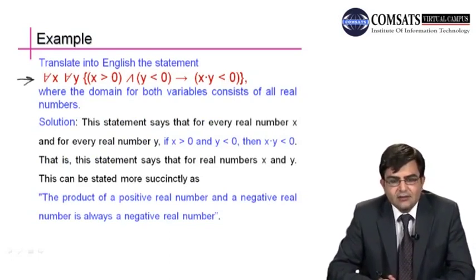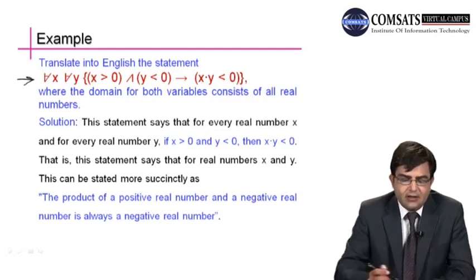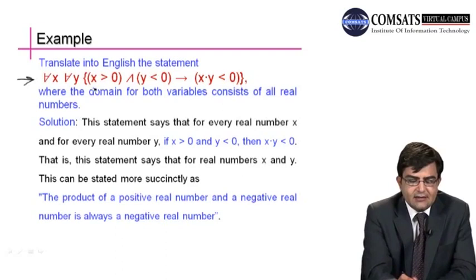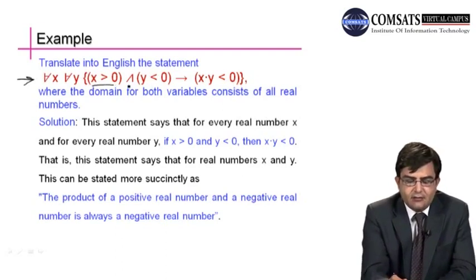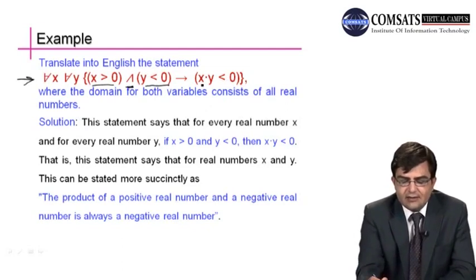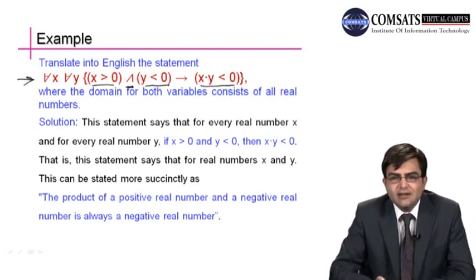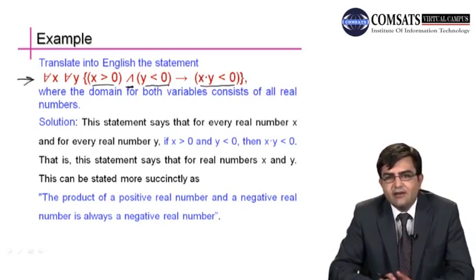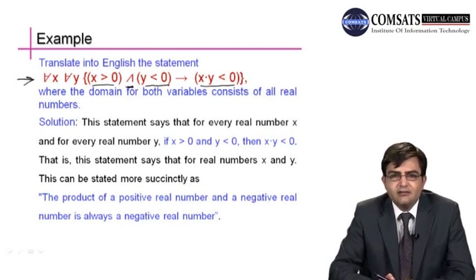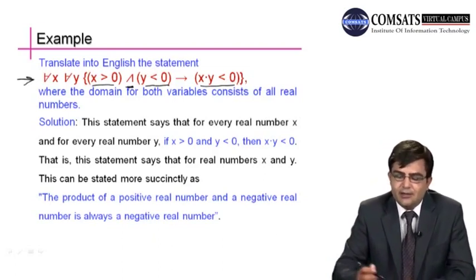If we have for all x, for all y, here we have brackets, x greater than 0 and y less than 0, this implies the product of x y is less than 0. This is basically if you have one positive number and one negative number, then the product of these two numbers will obviously be negative.